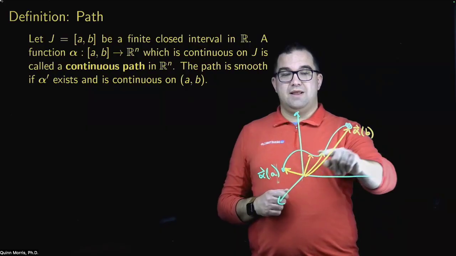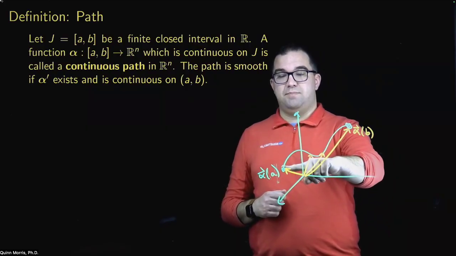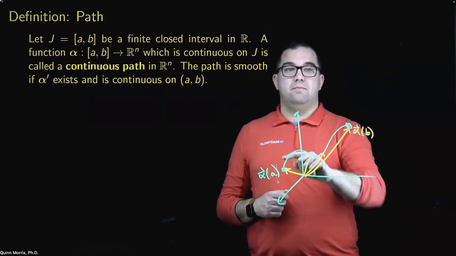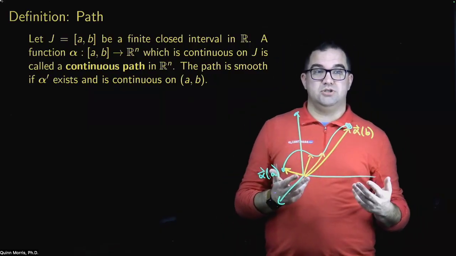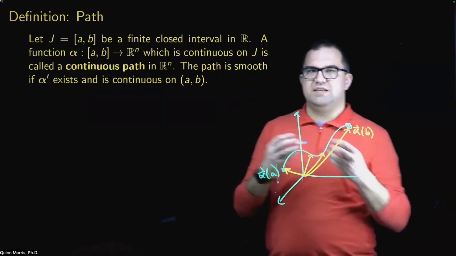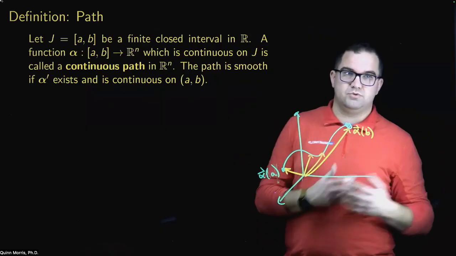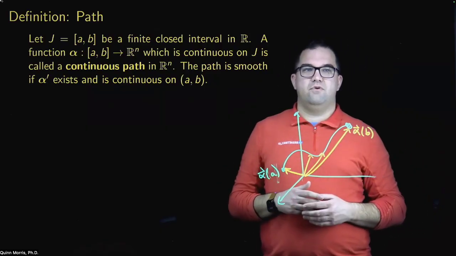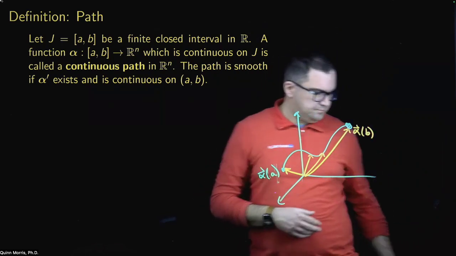You could have two different parameterizations of this path that trace out the same graph, but I really have different parameterizations. Again, we'll be exploring all of this and how it affects line integrals, which we'll define momentarily. But the first thing we need is some notion of what a path is.